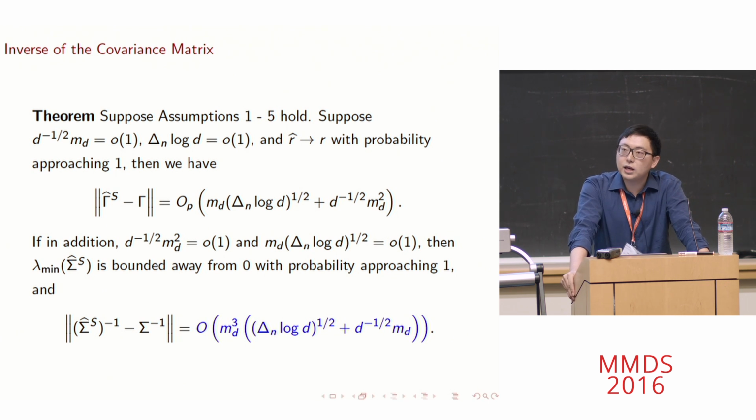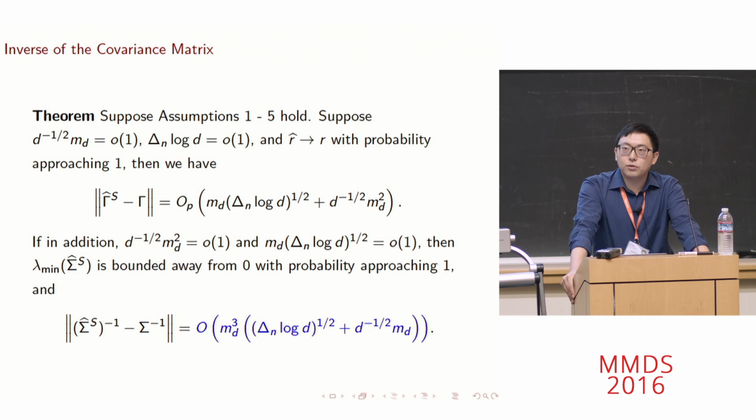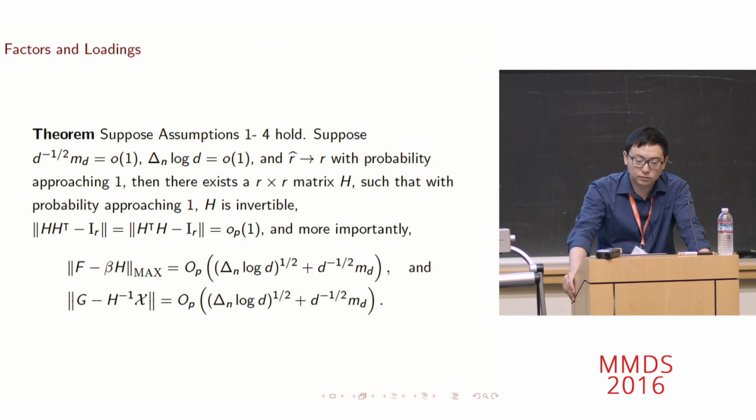Our identification is different from the usual identification in the literature, where they require the eigenvalues of the residual covariance matrix to be bounded. We slightly generalize that to allow it to grow. The rate is m_d, so we allow it to grow.